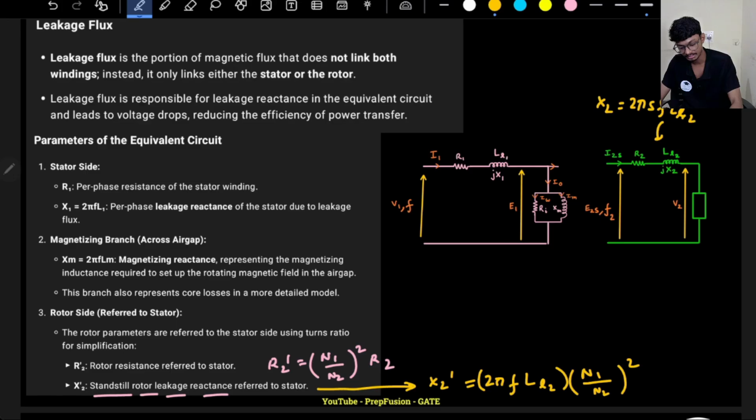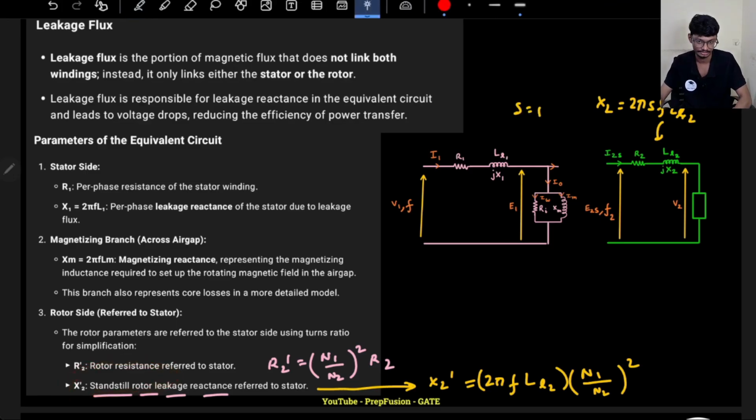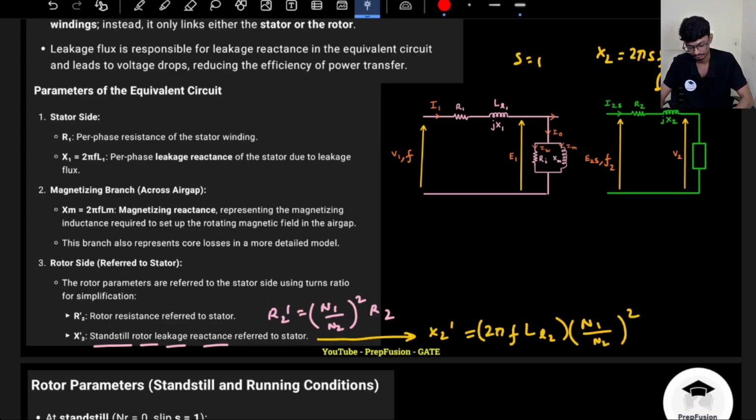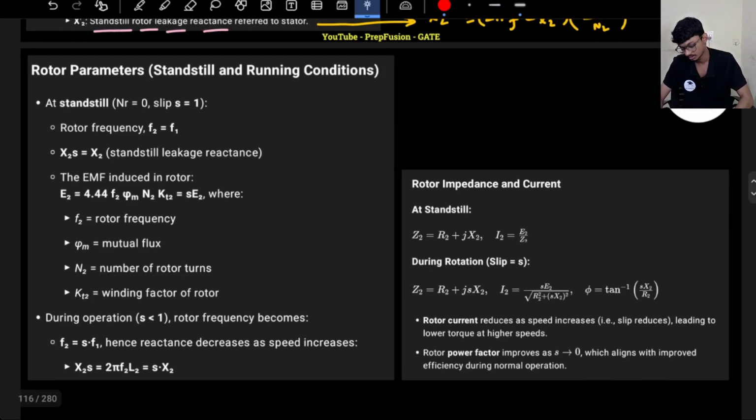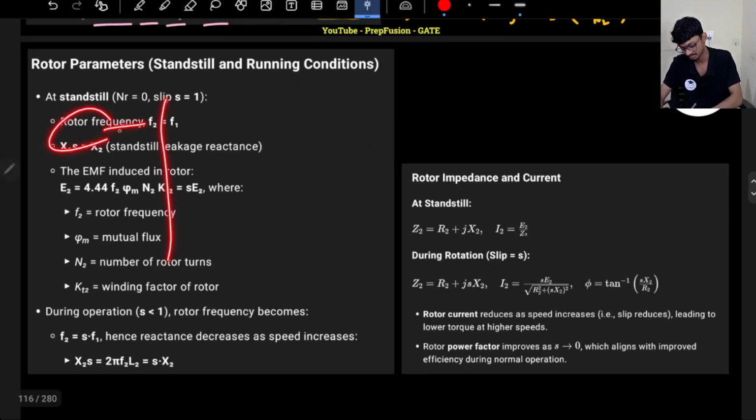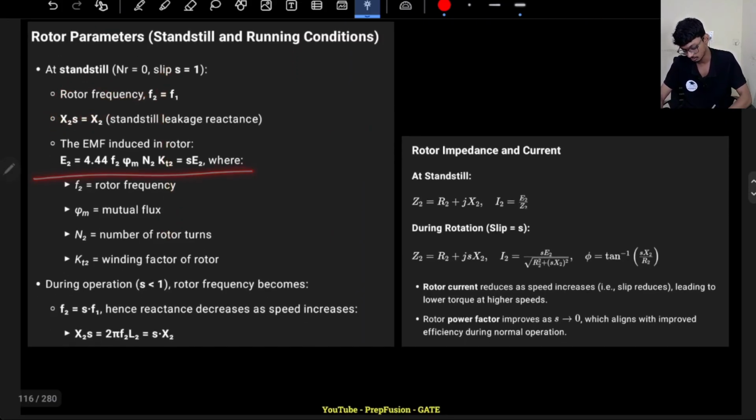But as I'm making slip equal to 1, that's why it is the standstill rotor reactance. It is frequency independent, so that I can connect the two circuits together. Otherwise the frequencies will be different and I will not be able to connect the two circuits. So the same thing is written over here. At standstill, this becomes this. This is the E2 induced EMF frequency. During operation, Z2 becomes this.